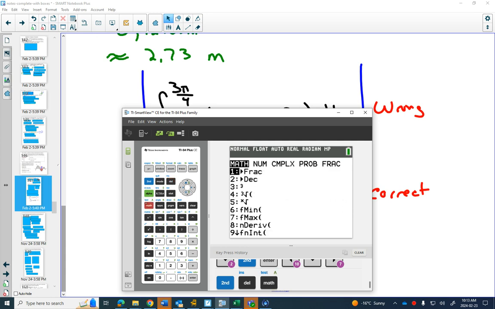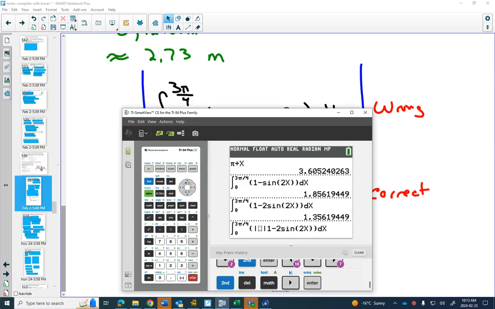It's under math. You hit the math button, but it's not listed as one of the math things. You have to go over to number, and it's listed. ABS stands for absolute value. So it's a little bit hard to find. And actually, when I inserted it, I'm going to have to rewrite the 1 minus 2 sine 2x.